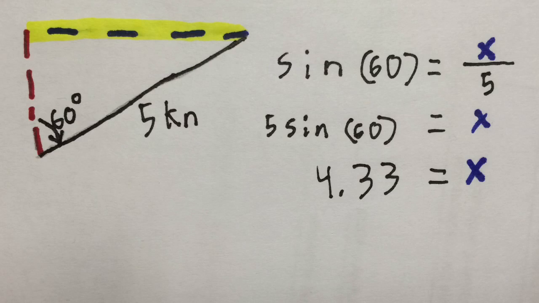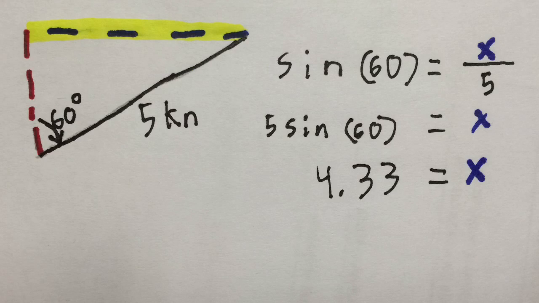Sine compares the hypotenuse length to the edge of our triangle that is opposite of the angle that we have a known measurement for. As you can see above, I solved algebraically for sine of 60 in order to give us the length of our x, which moves us from left to right.